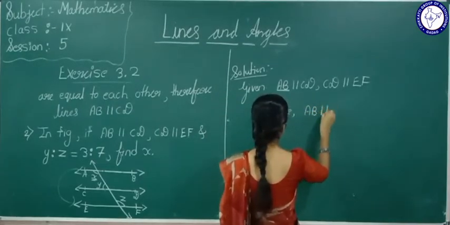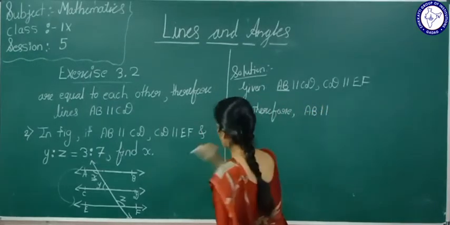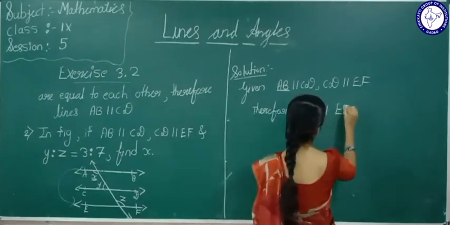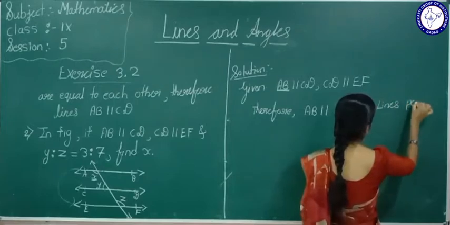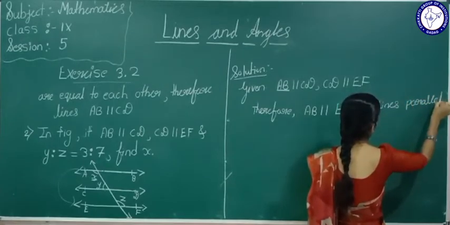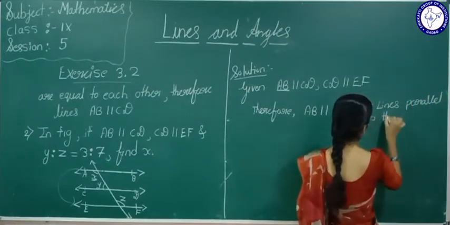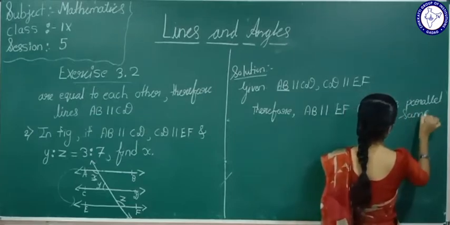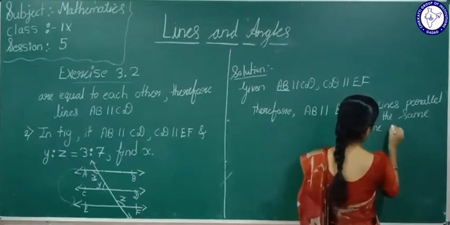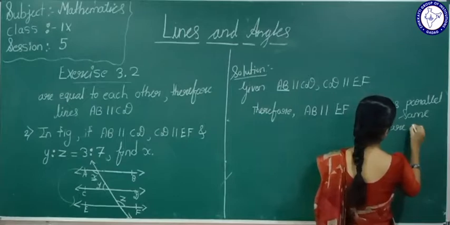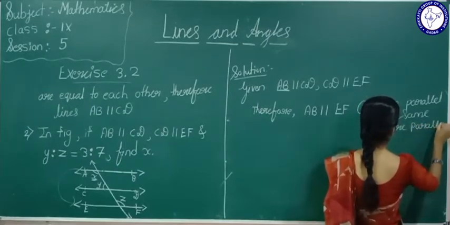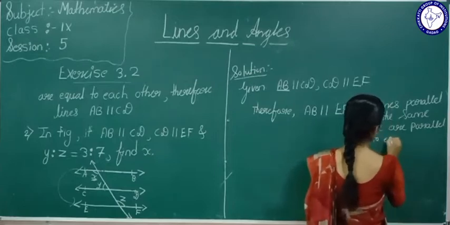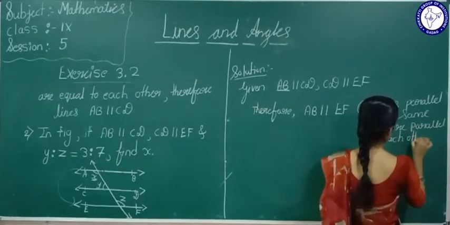AB is parallel to EF because lines parallel to the same line are parallel to each other.